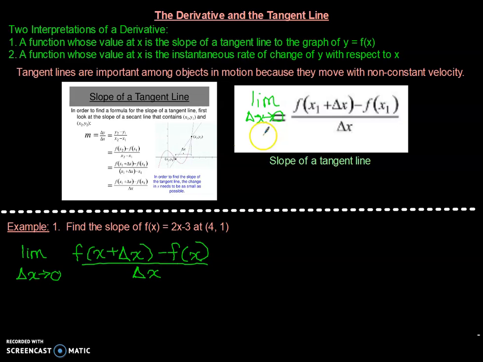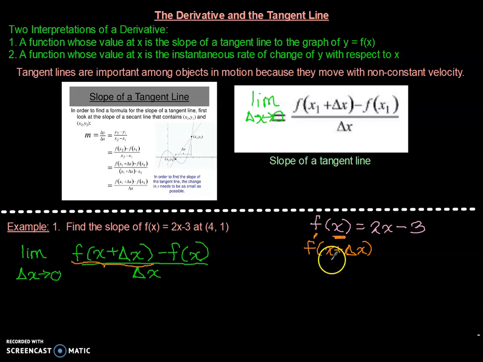Now, in the first function, we're finding f of x plus delta x. So remember that the function given to us was f of x equals 2x minus 3. Since I am finding f of x plus delta x, I am using the same function they gave me.